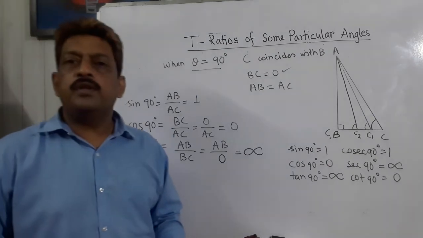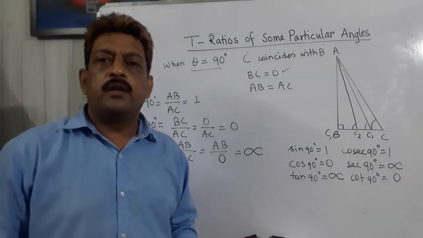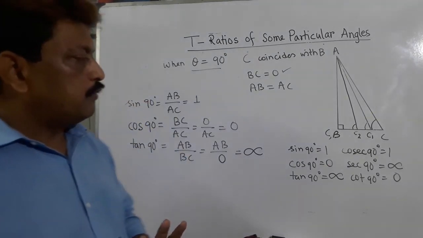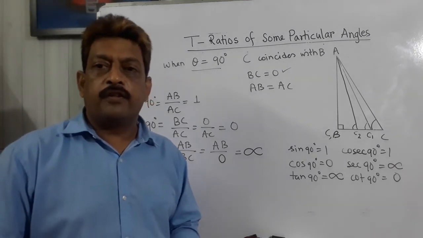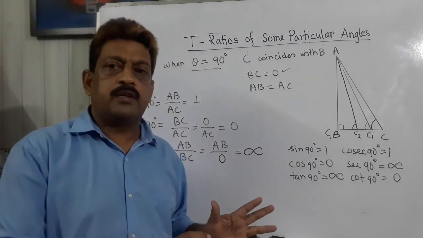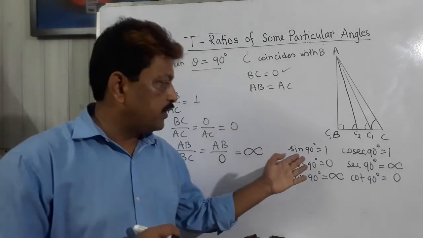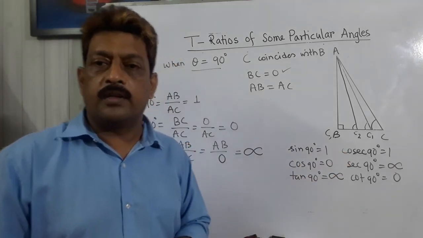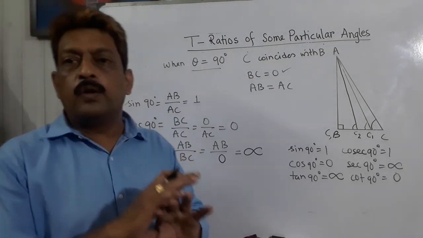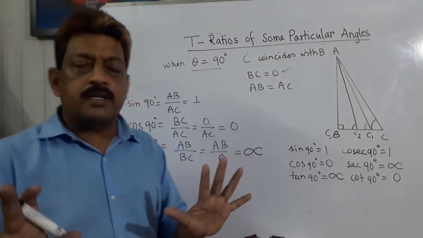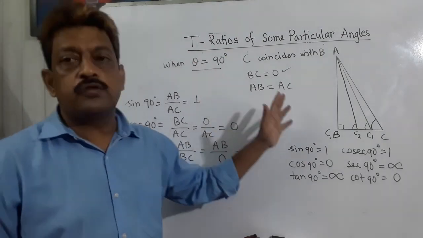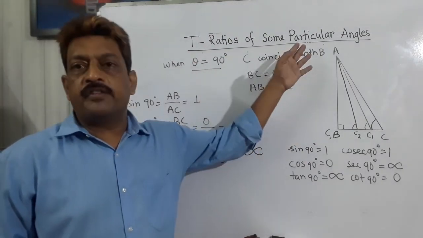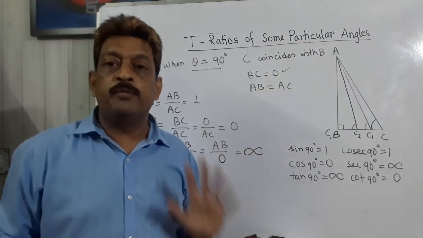Understood? So in this way we can calculate the values of all the standard angles for sin theta, cos theta and tan theta, as well as the reciprocals, that is cosec theta, sec theta and cot theta. Hope you have understood the whole session. The whole thing is clear to you, how to find the values of trigonometric ratios of particular angles geometrically.